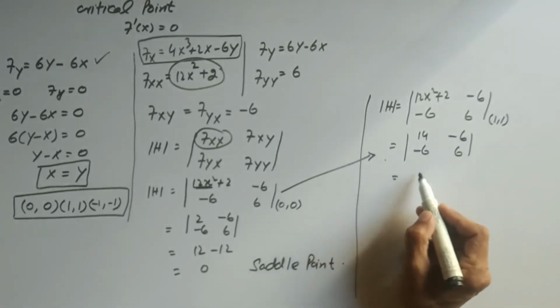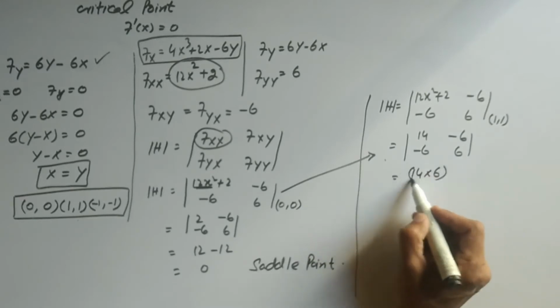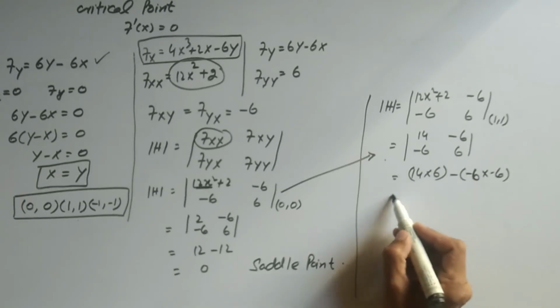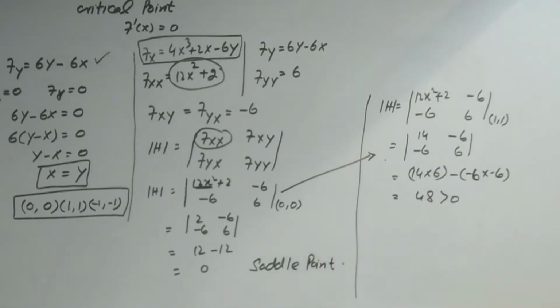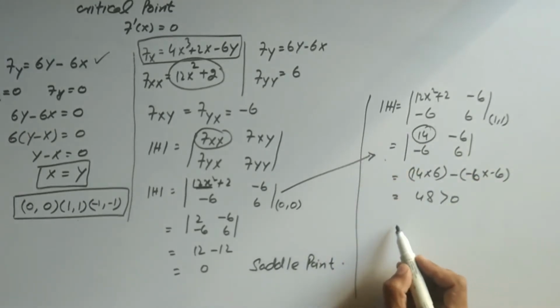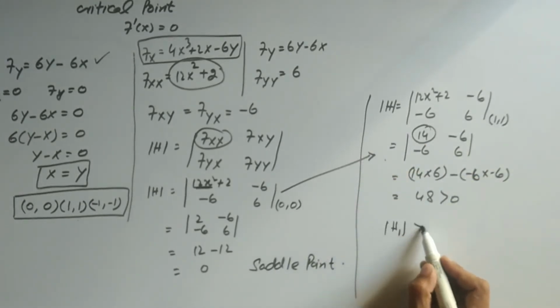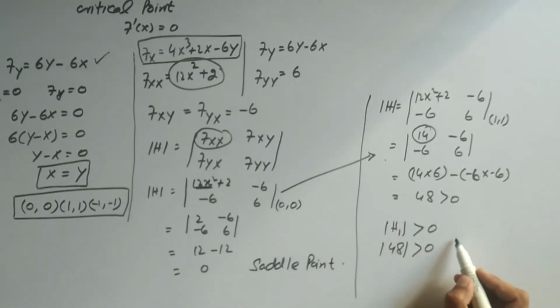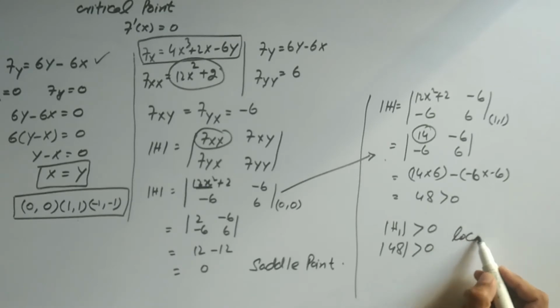So the answer is 14 into 6 minus 6 into minus 6. So the result will be 48, which is greater than 0. So look at this, 14, that is h1, the leading minor, is greater than 0. 48, the whole determinant, is again greater than 0. So both are greater than 0. So what will it be? A local minimum.